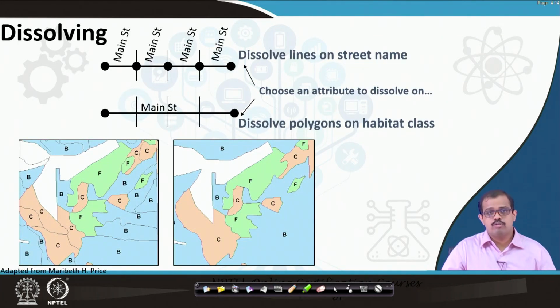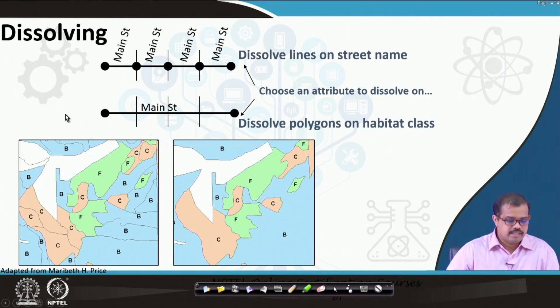Then the next tool is dissolving. It is a very important tool if you are trying to represent any vector data. For example, let's say these are different fields in this particular vector data. Based on these fields, each of these geometries is shaped, and in case I want to dissolve all of these into a single one, for example anything that is C is put into a single feature, anything that is B is put into a single one, and anything that is A or F is put into a single one.